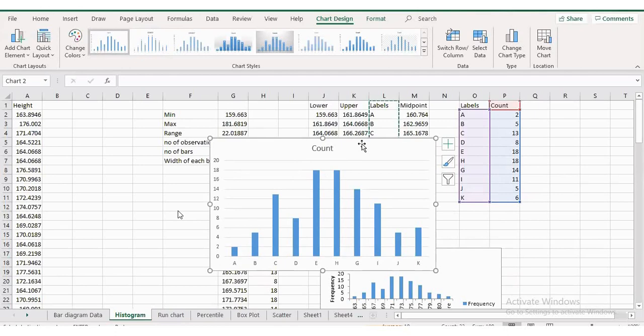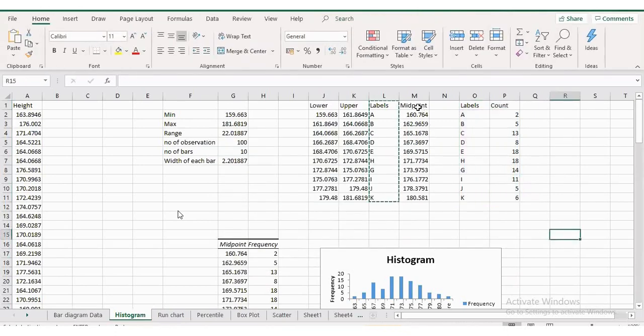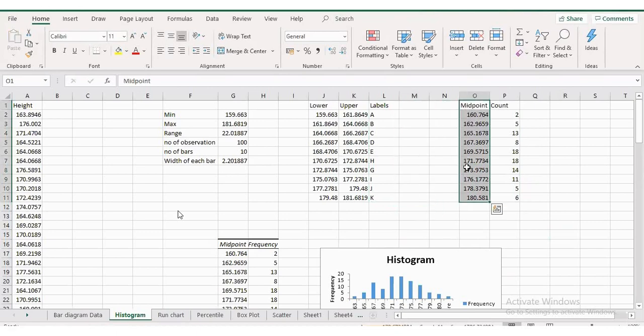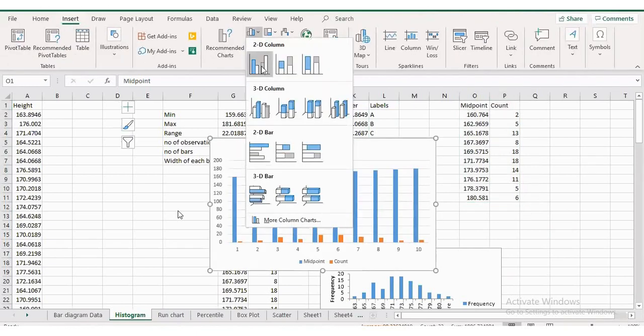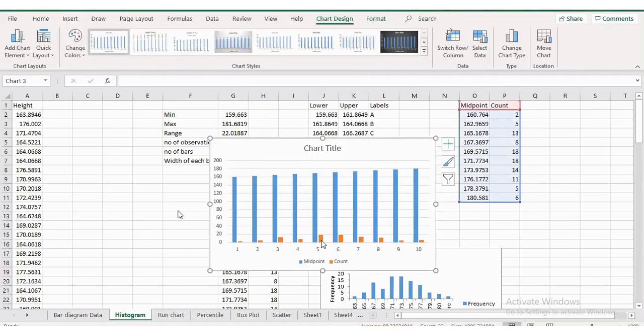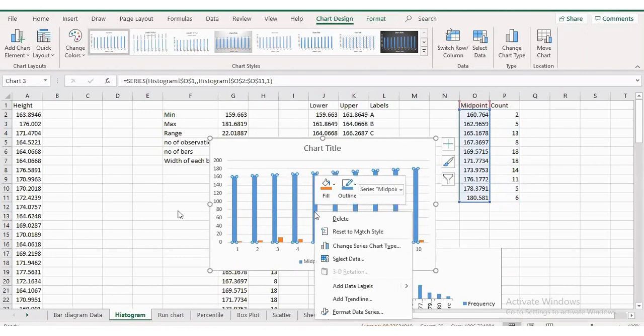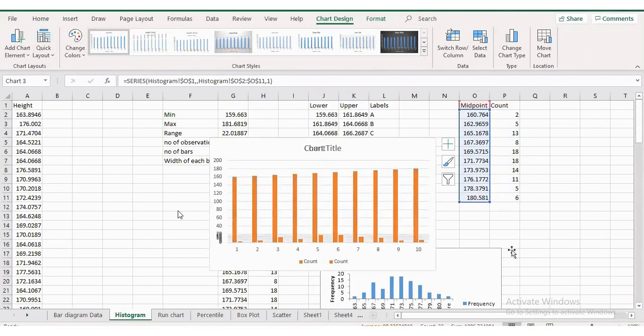Instead of like this, I can take this also. Someone has opened the mic, please close it. I can select these and insert. I don't want these midpoints. You guys are understanding it? Now I need to delete.